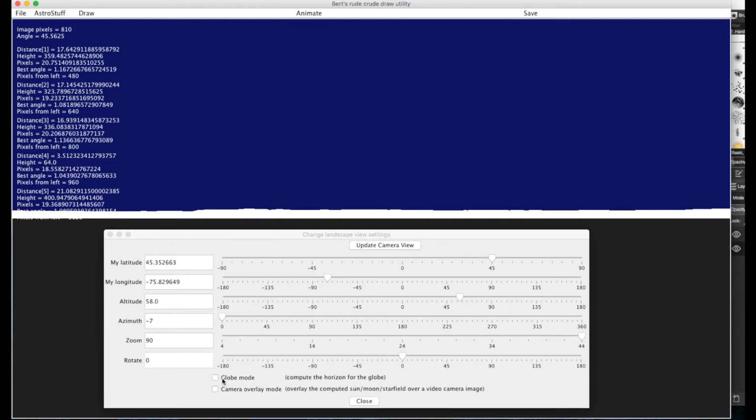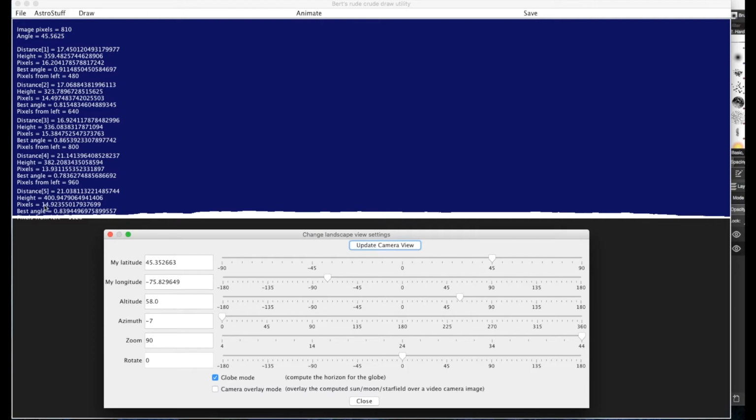So the only difference between the globe mode and the flat Earth mode is how the horizon line is computed. And as you can see, if I expected the Earth to be flat, I really would not see much of a deviation where the ground meets the sky. Whereas on a globe Earth, you can see that the ground looks fairly low here, and then there's a hill.